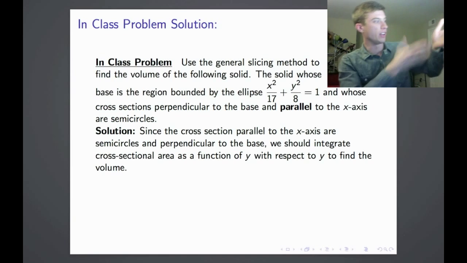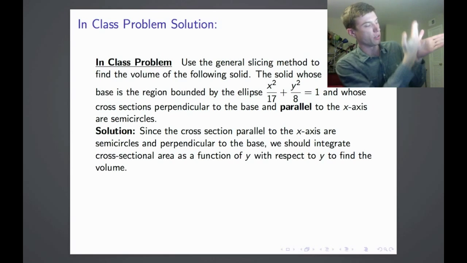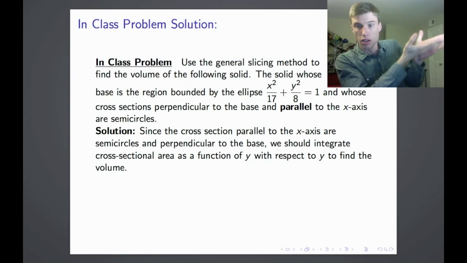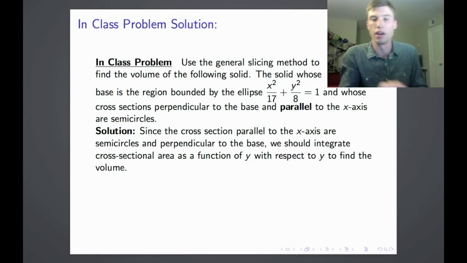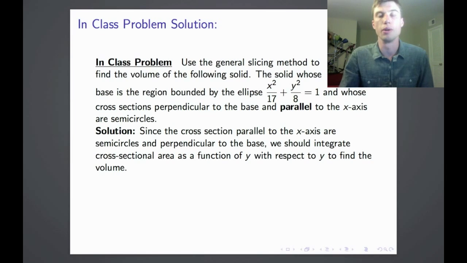So if here's the x-axis, here's the y-axis, the cross-sections are coming in like this. And so they vary as y varies. So we will integrate with respect to y to find the volume. And we will need to find the cross-sectional area as a function of y.